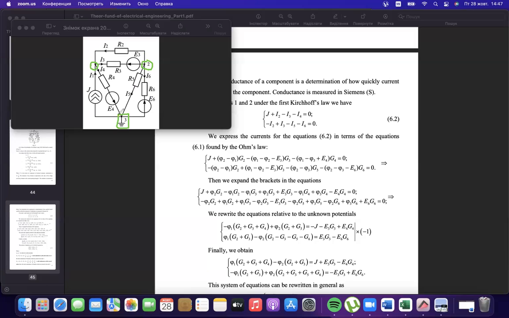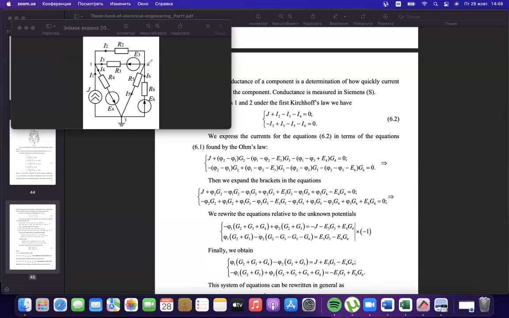For the last one, it is not necessary to write the equation, because all variables are already inside the first two written equations, and the last node, which is marked as ground, we don't need to write an equation for. The number of equations will always be one less than the number of nodes.